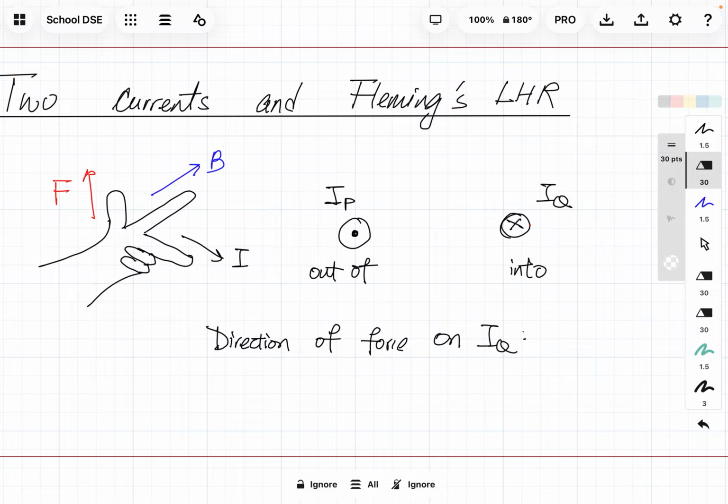Let's consider an example. Let's say you have a bigger solenoid, and this one has N1 turns and length L1.